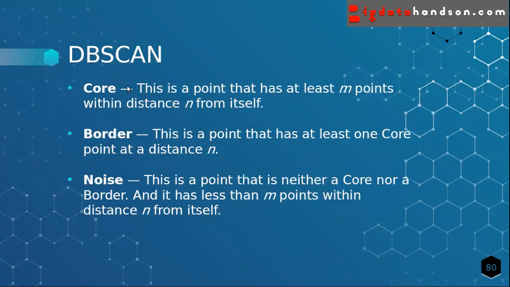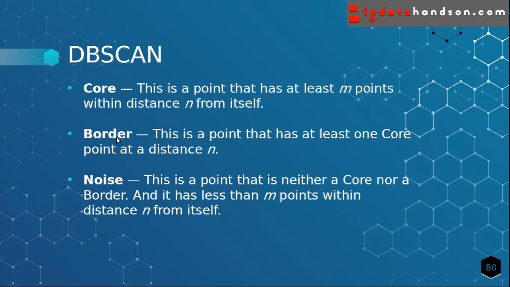And so three things you need to consider. In DBSCAN we have three kinds of points: core point, border point, and noise point. The core point is a point that has at least m points, where m is nothing but the minimum points here, within distance n from itself.